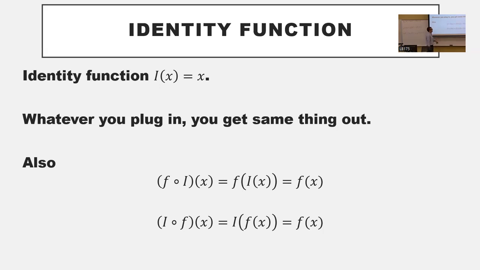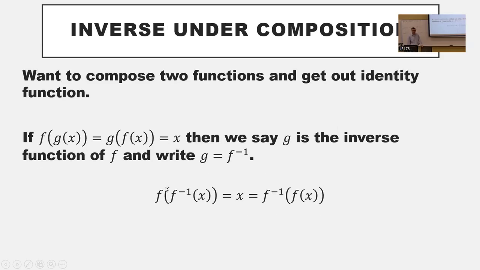On the other hand, if you do the identity function composed with f, you input f of x, but the identity function just gives you the input out. So you're just getting the f of x out. So either way you compose the identity function, you just get f of x back. So it's the identity function because it takes numbers to themselves, but also because under function composition, you get back the original function.